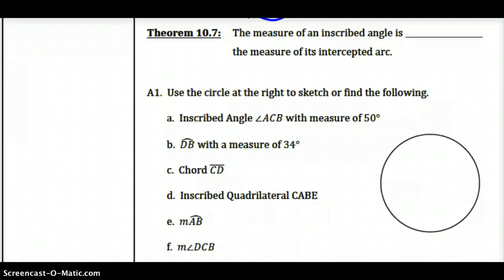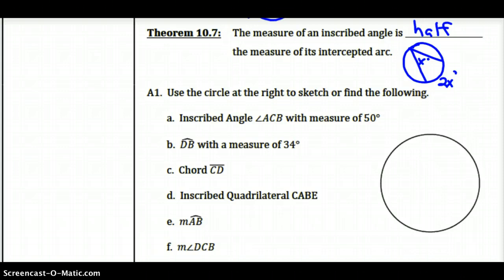The measure of an inscribed angle is half the measure of its intercepted arc. So again, a generic way to look at this: if this is x degrees, this is 2x degrees.